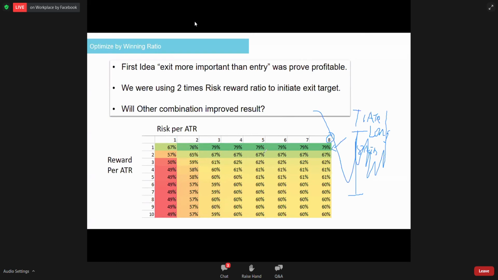So the most optimal winning ratio is actually 58-59% here. Why? Because remember, just now the most profitable cut loss point is 2 ATR, which is here, and the most profitable take profit is more than 4 ATR.